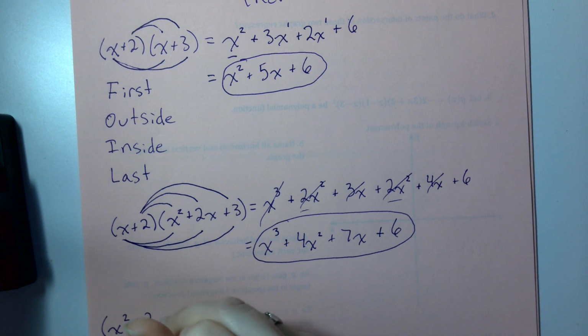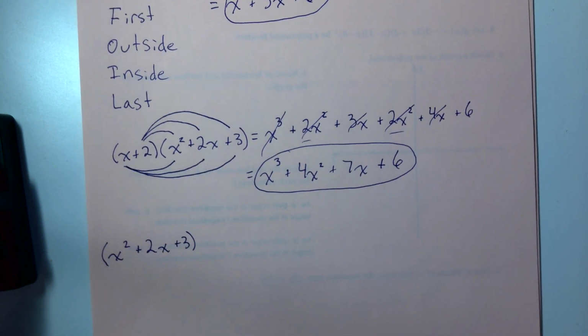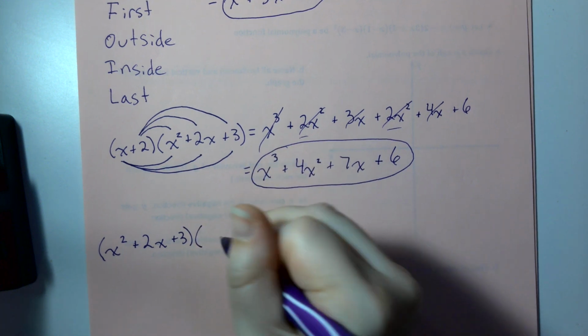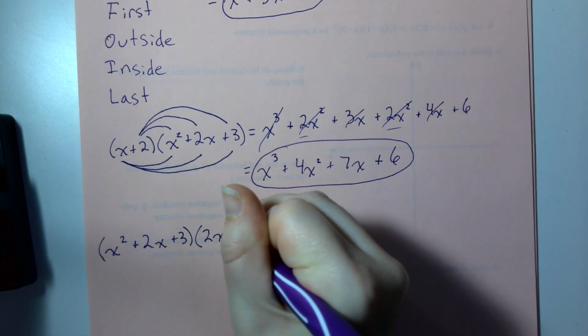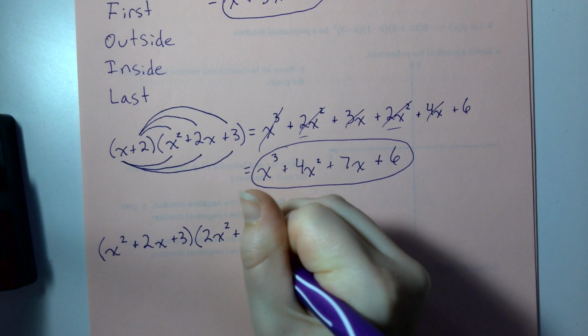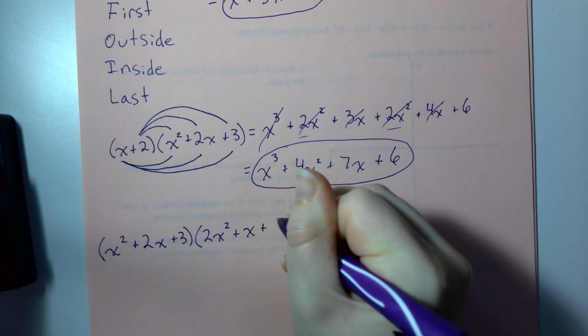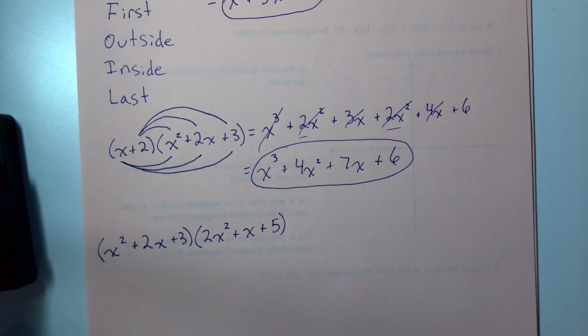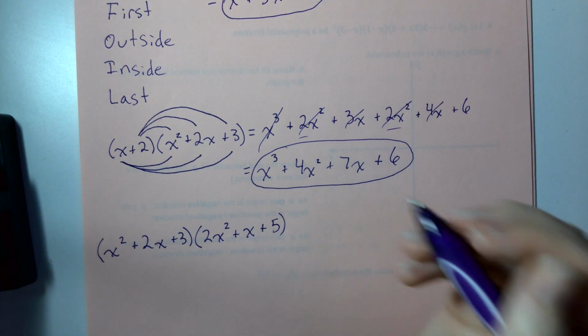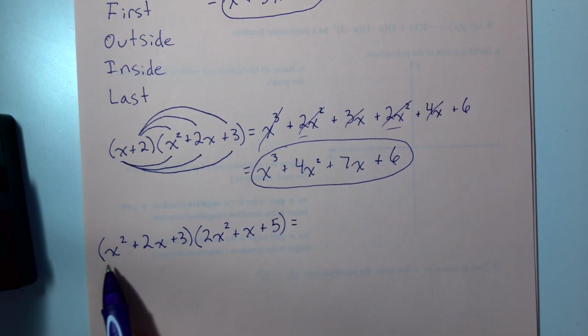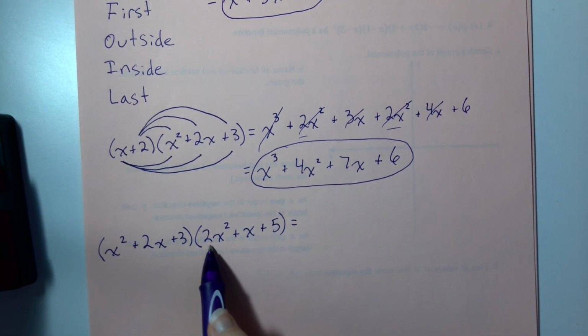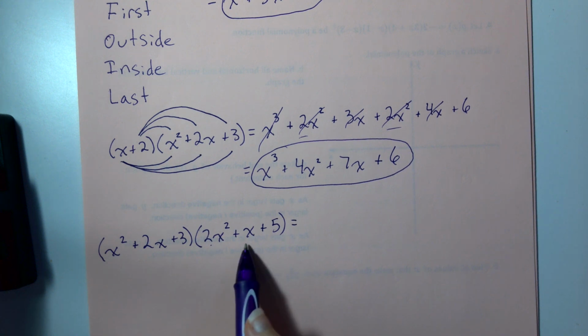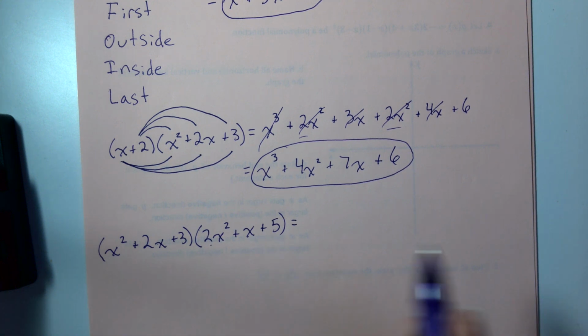So let's do x squared plus 2x plus 3 times 2x squared plus x plus 5. All we have to do is take our x squared, multiply it by 2x squared, then multiply it by x, then multiply it by 5.